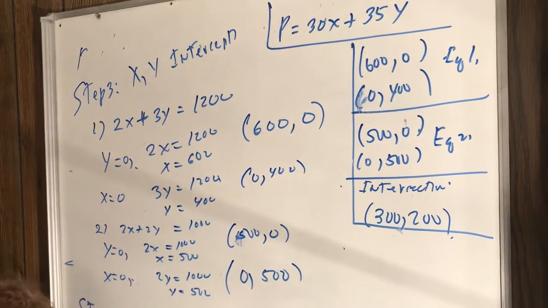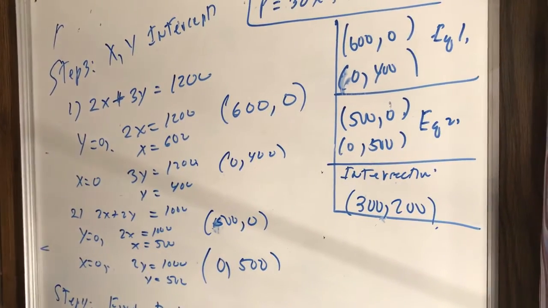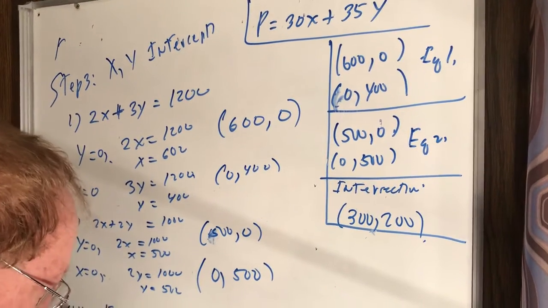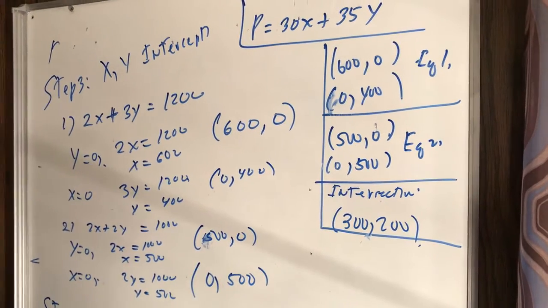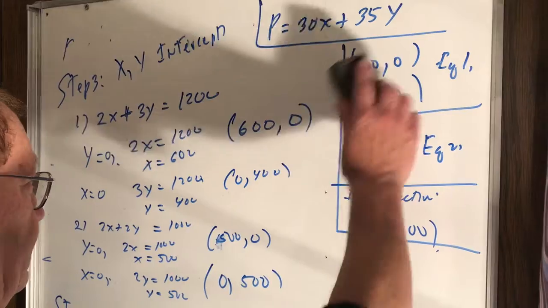I thought you called them all intersection points at one point. No, intersection points are the intersection between these two. Well, they do intersect with the x and y axes, sure, but that's what the x and y intercepts are. Right, so these are potential solutions.